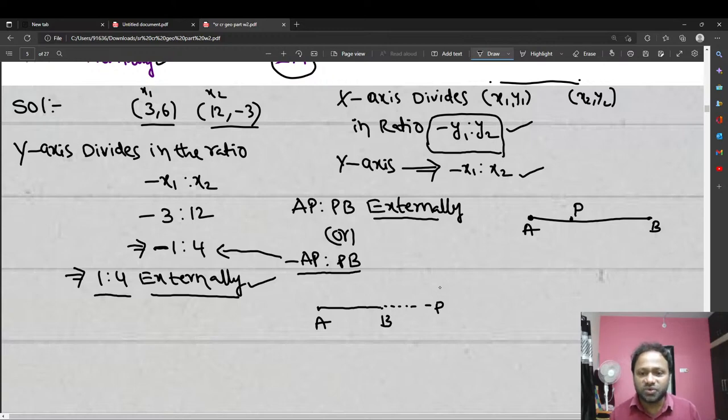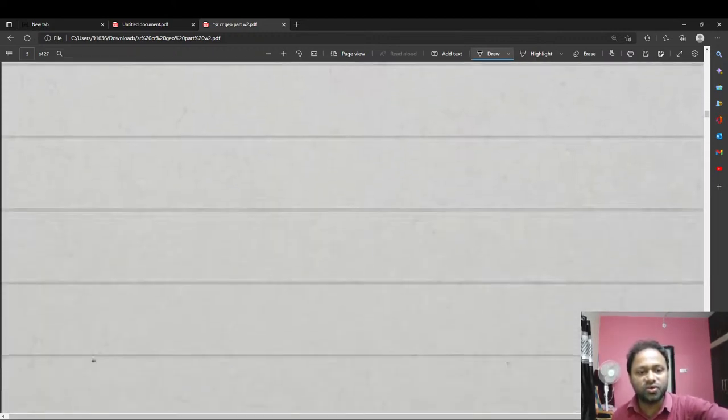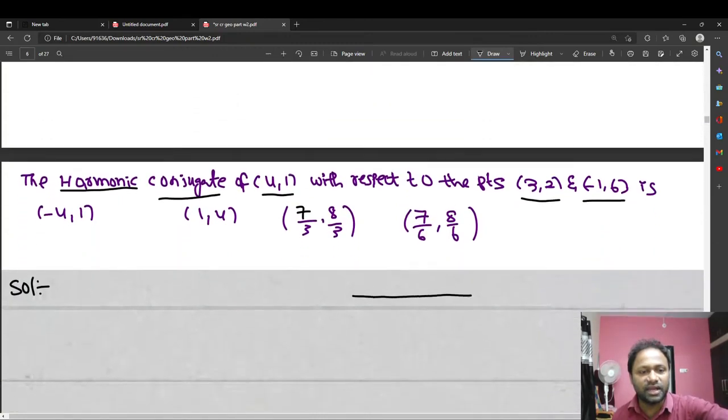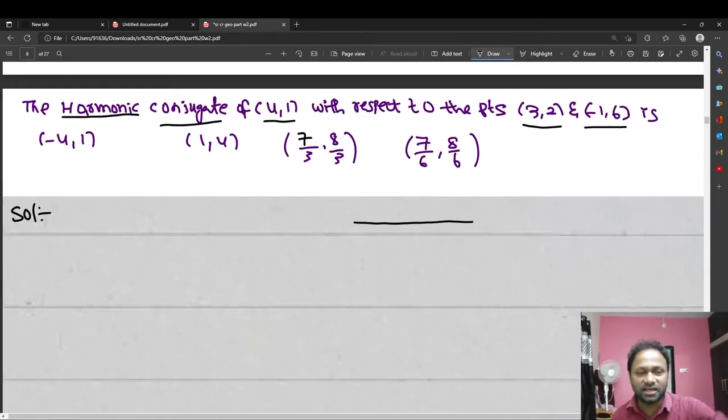So this is the external point and this is called the internal point. Kavya says thank you, sir, for solving different types of problems. Right, we are going to do another problem. I think you got internally as well as externally.